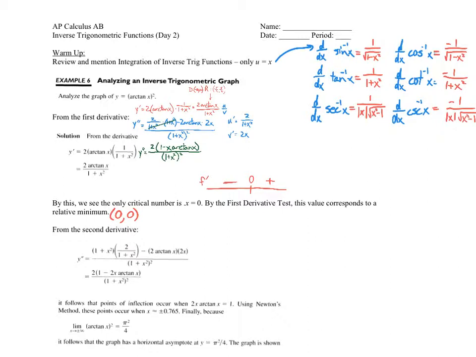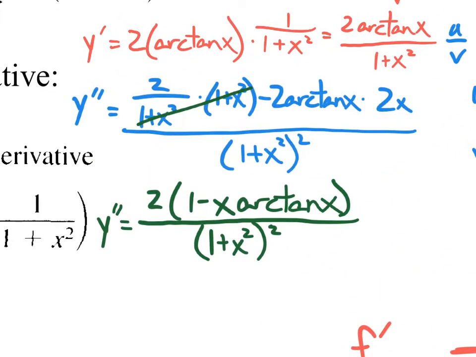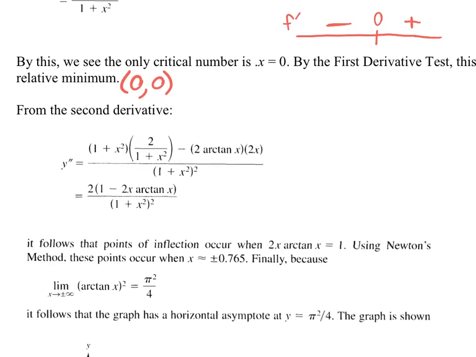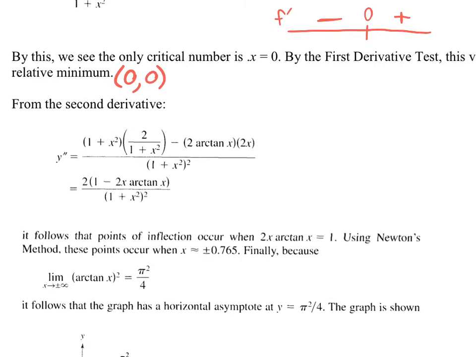Then you do the second derivative, and we could find the points of inflection. The points of inflection are when the numerator equals 0. That's only going to happen when what's in the parentheses there equals 0. And you can use the calculator for that.